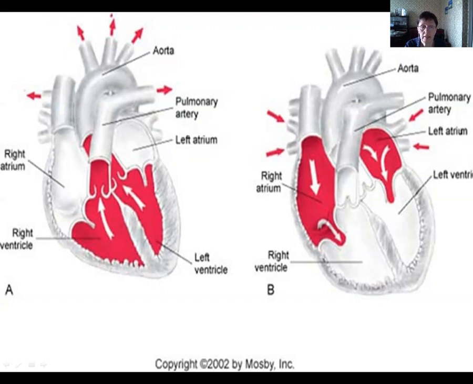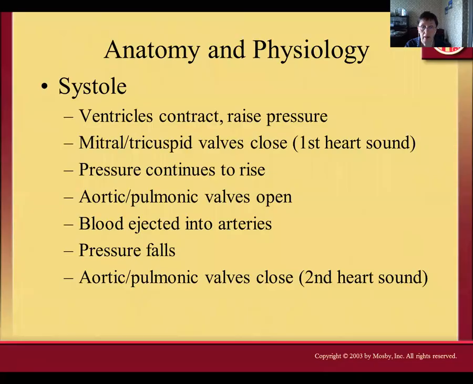So this part of the cardiac cycle is systole, and here we see, of course, diastole, when the blood from the atria, right and left, comes into the ventricles. So what happens in the systole?